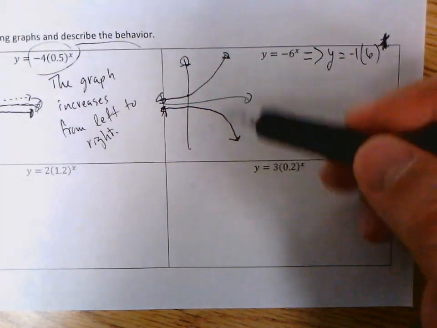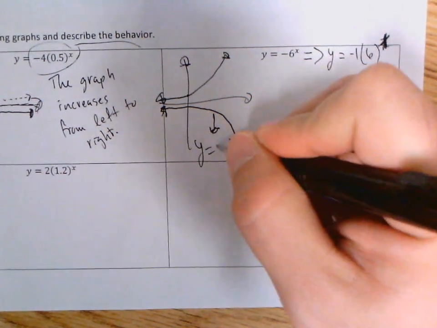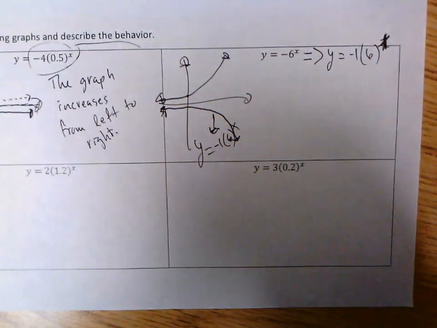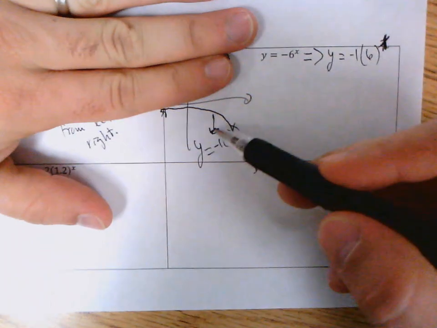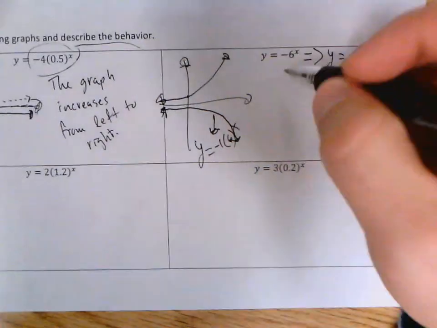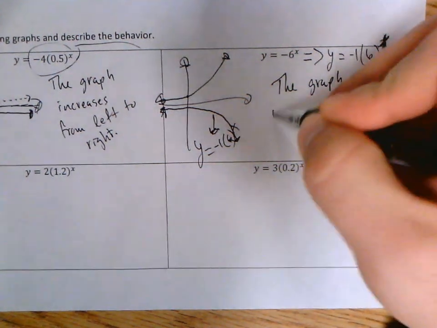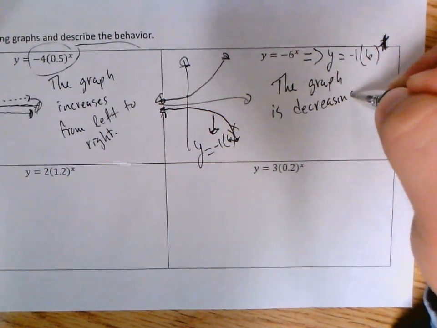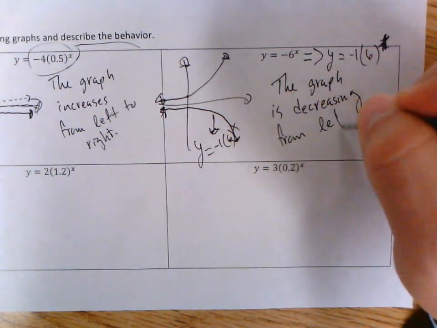So the behavior changes. Let me write down that this is y is equal to -1 times 6 to the power of x. So the behavior of my graph will be the graph is decreasing from left to right.